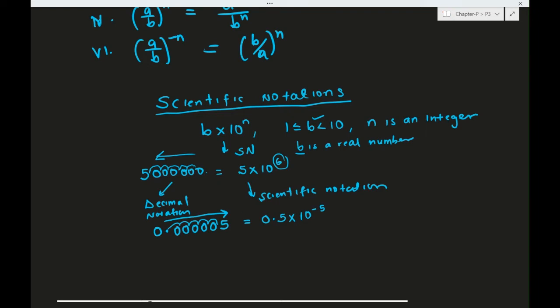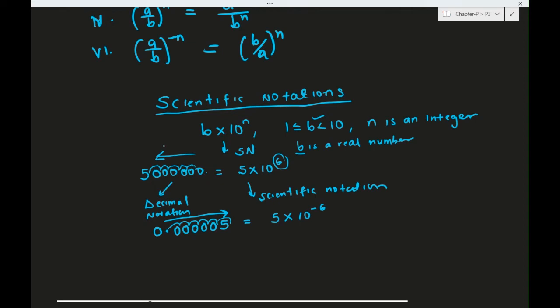But if you leave it like this, it's not really in scientific notation yet, because look at where we want the b to be. In this case, b is less than 1, so we need to go one more. So this becomes 5 times 10 raised to the power minus 6.